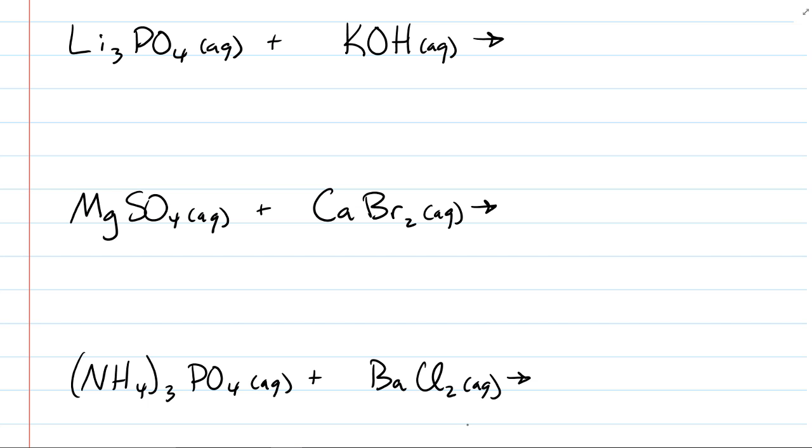So the first thing I would do if I were you is to identify which one is no reaction, and then the other two will have reactions. Write out the products and then balance the equation. Again, one of these three is no reaction. For the remaining two that you find, complete and balance the equations.